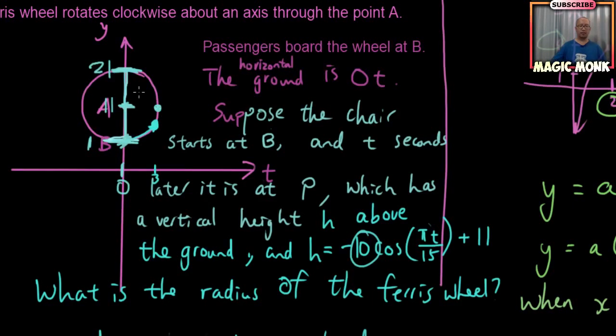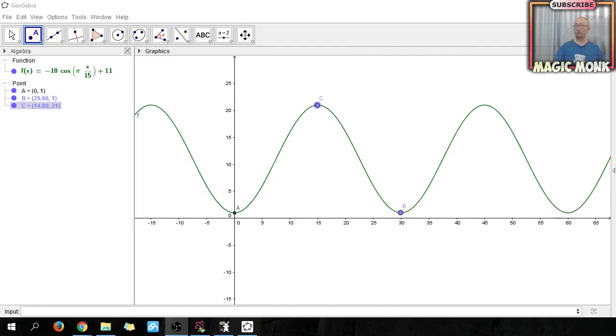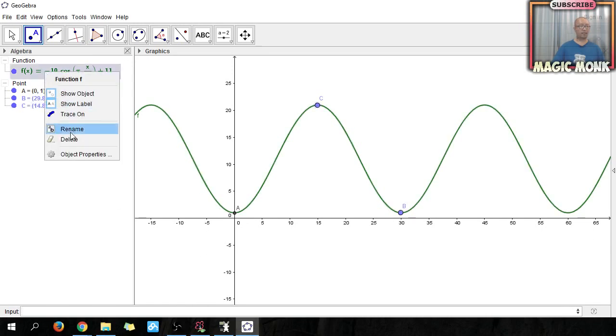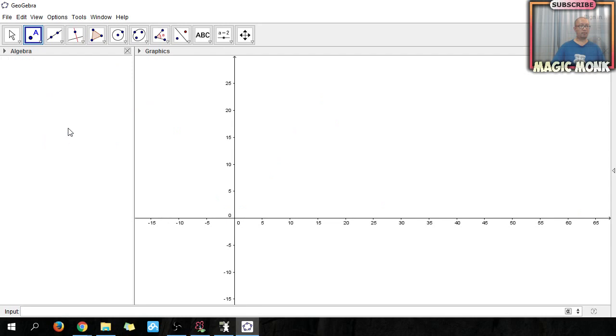So let's go to GeoGebra, my favorite program. Let's delete all that. So I know that the equation of the circle is x squared plus y squared equals 1.